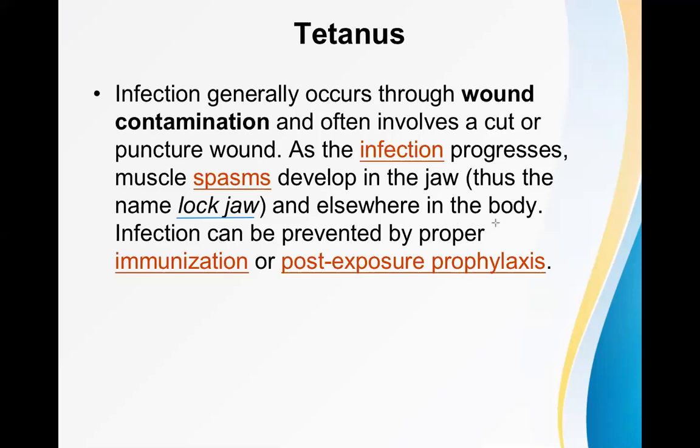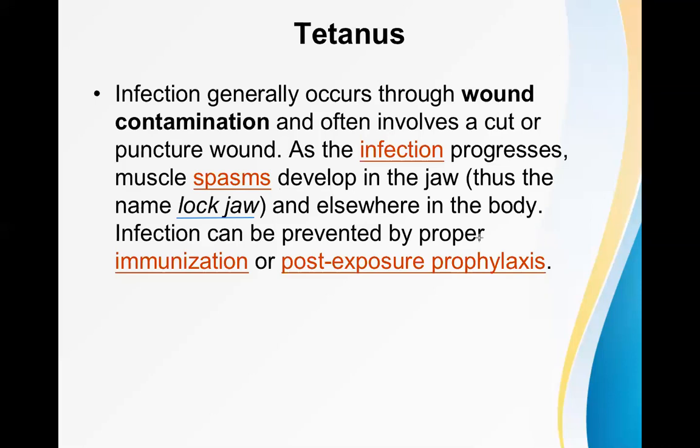And elsewhere in the body, muscle spasm occurs. If I ask you where exactly in the body, you can very confidently answer the whole body, especially on the back, and even on the limbs. Even the neck muscles are stiff or spastic.